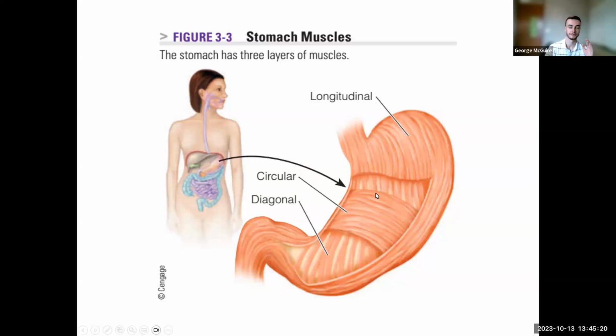However, another important thing here is the directionality of these muscles allows for squeezing to occur in every direction, which is really helpful for mixing the highly acidic gastric juice and thus allowing the interruption of some of the bonds that are holding these molecules together.